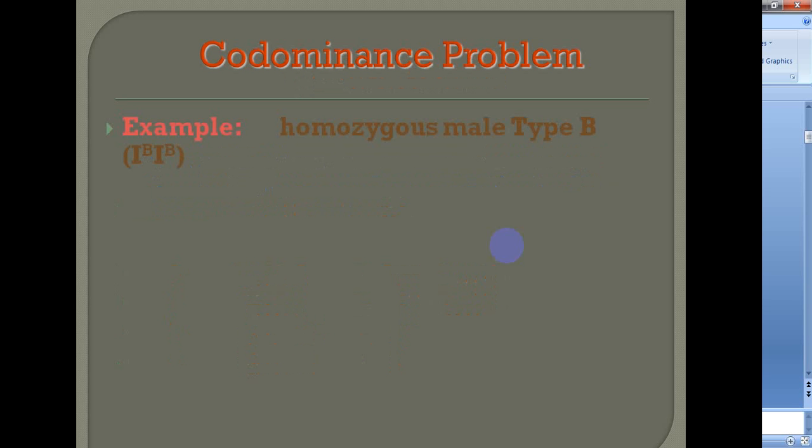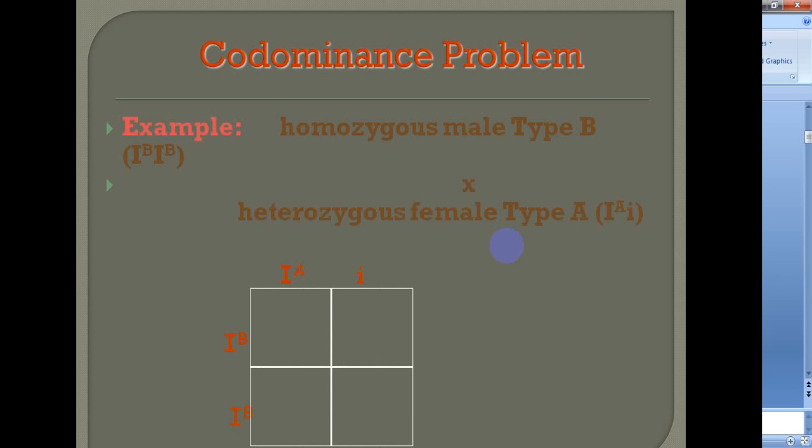Let us see one example. Suppose a homozygous male of blood group B is crossed with a heterozygous female of type A. Then we find different combinations.